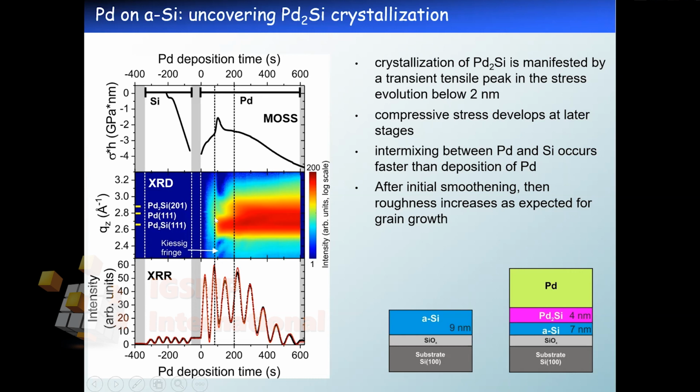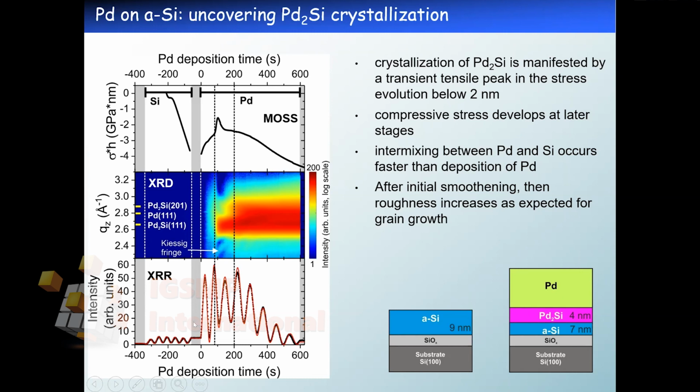So we have here proof that the tensile peak that was observed by curvature is in fact related to the crystallization of an interfacial compound, which is the palladium silicide. And then as the growth continues, we have the formation of palladium crystals, which are epitaxially grown on this silicide.